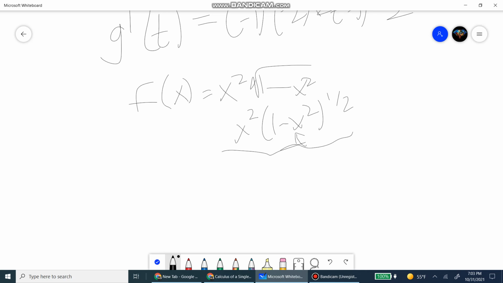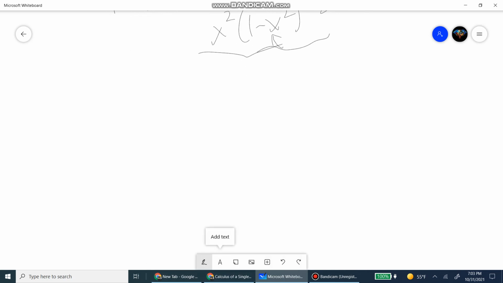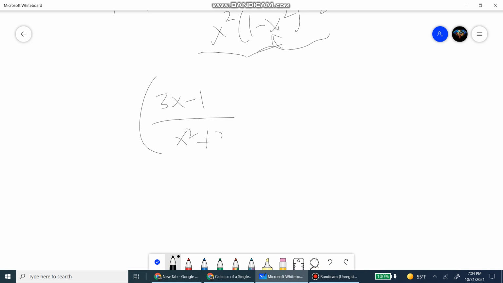And let's do one last example with normal functions. Then I'll try one with trig. So we have (3x minus 1 over x squared plus 3) squared, calling this y. Y prime just becomes, the outer function is the 2.